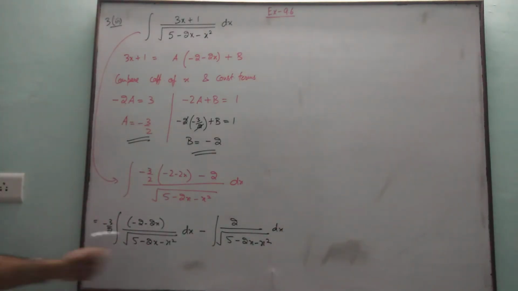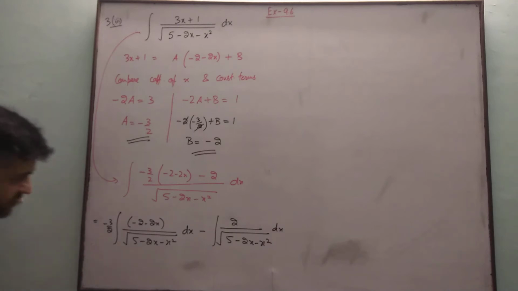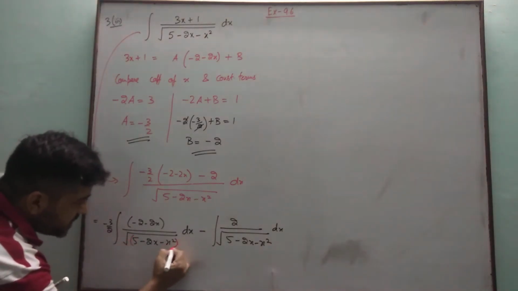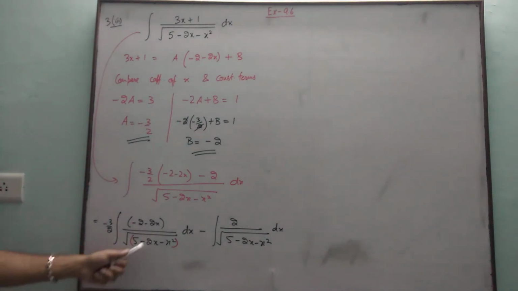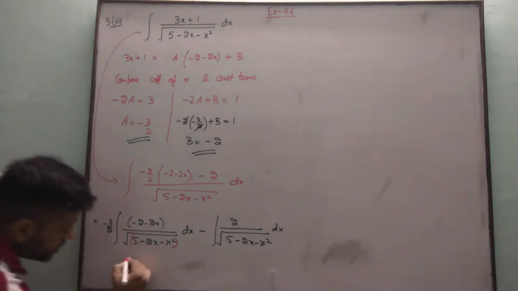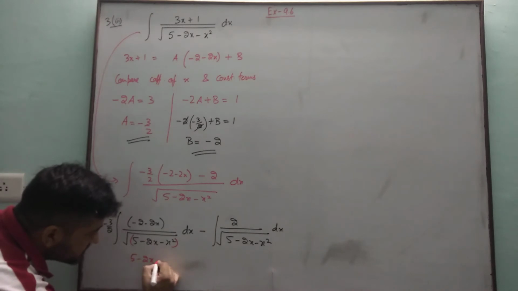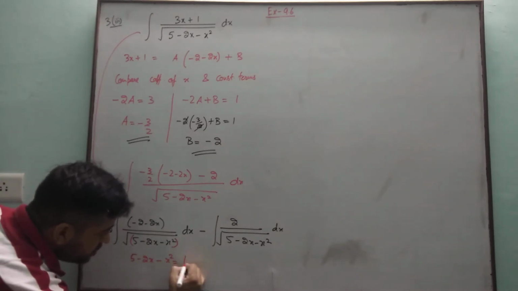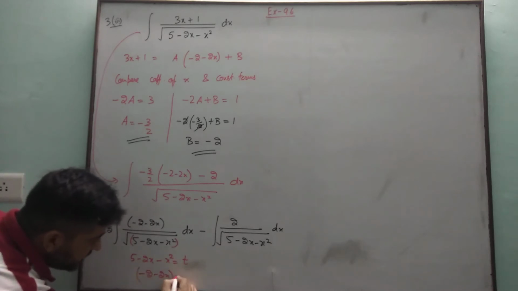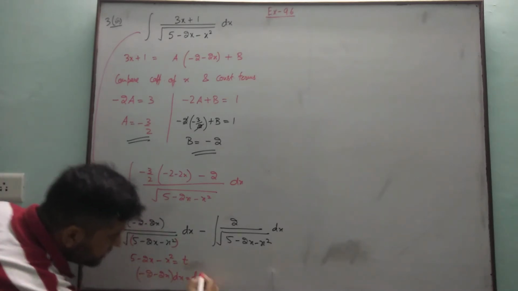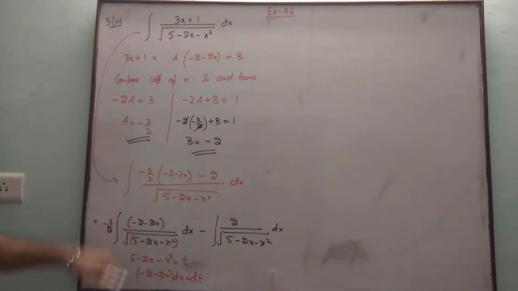Integral of this, if we substitute this as t, this will be the derivative. If we put 5 minus 2x minus x square is equal to t, dx will be dt, right?